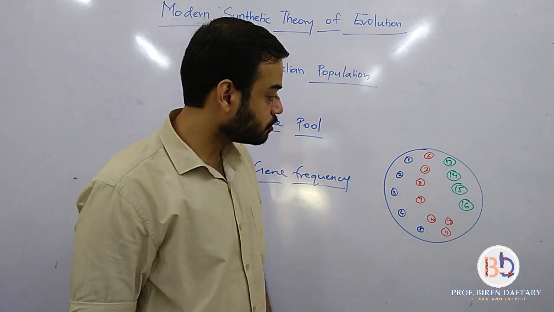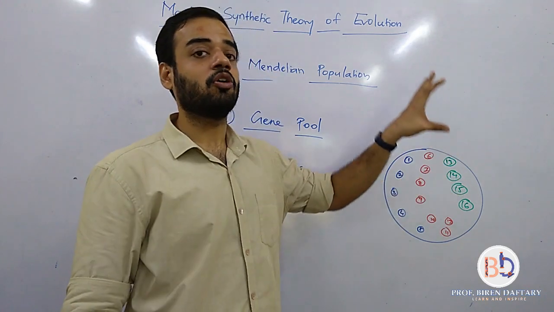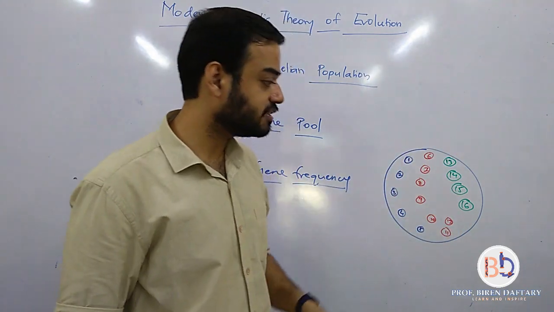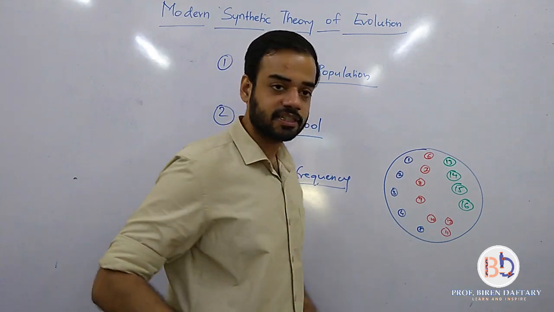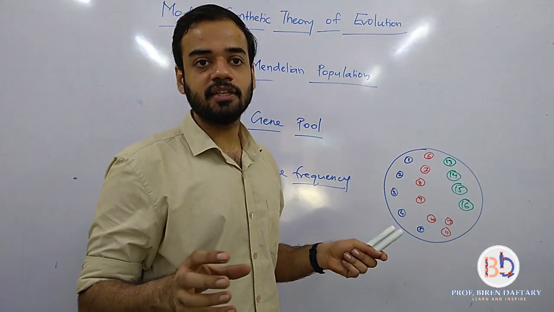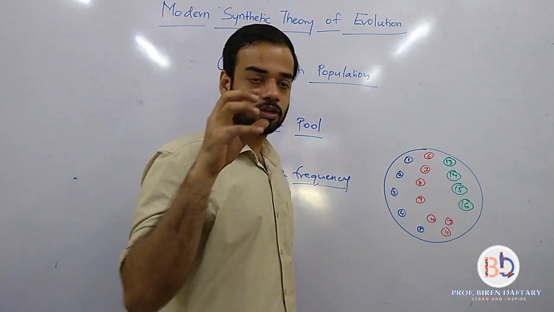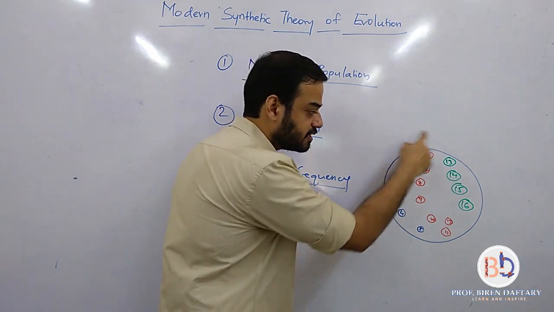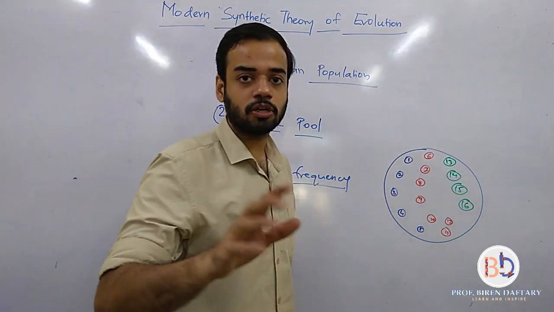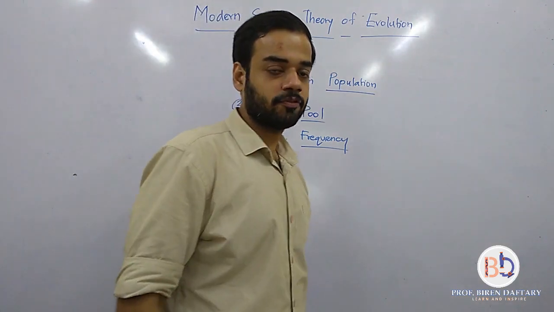The frequency of these organisms is then 5 upon 16. Very simple. Frequency is basically the proportion of that organism or that substance with respect to the total population. I hope you have understood the concept of frequency.